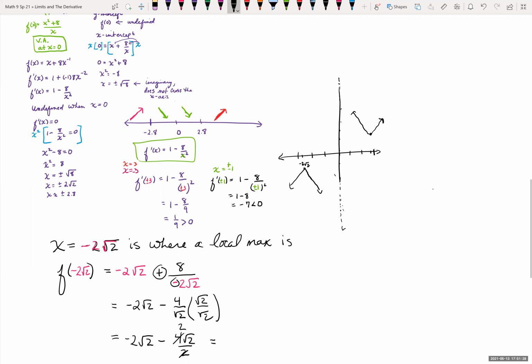So -2 root 2 minus 2 root 2 is -4 root 2, which gives us about -5.7.